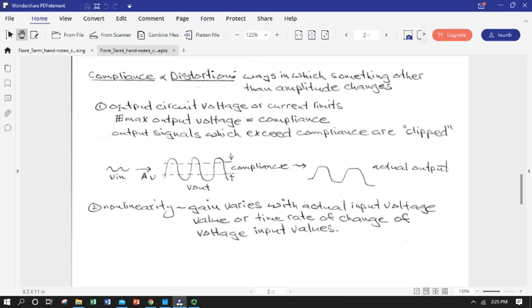The base emitter current controls collector emitter current. That's going to give us our amplification, a current amplification that we'll see through some voltage drops over resistors is going to transform into voltage amplification, an AV, voltage gain. But we're going to be limited on how much we can actually get out, the output, by our I sub C versus V collector emitter relationship on our load line, and that's known as compliance.